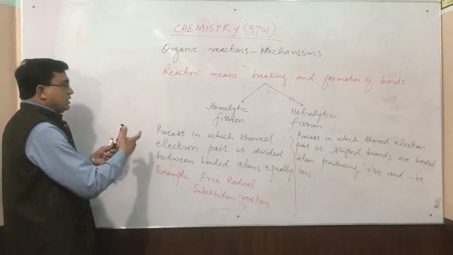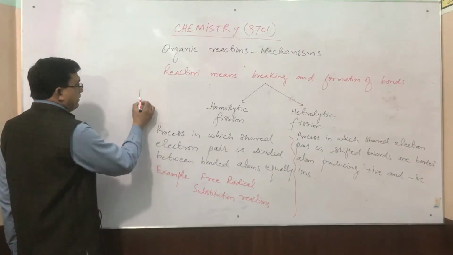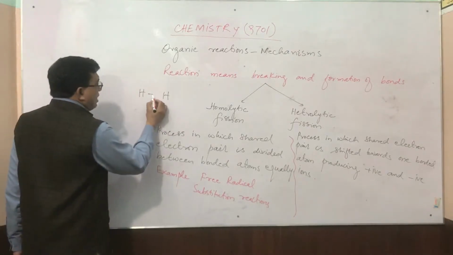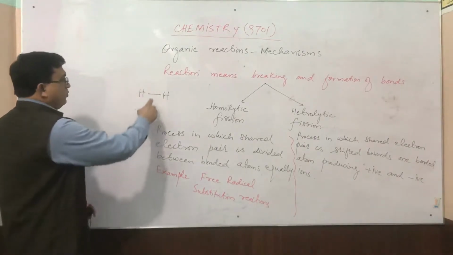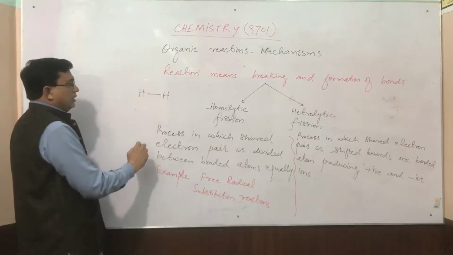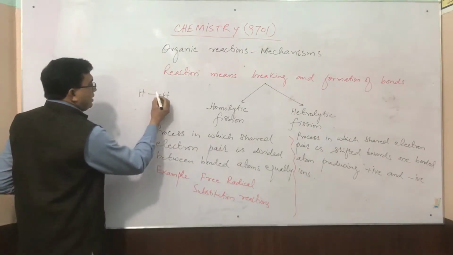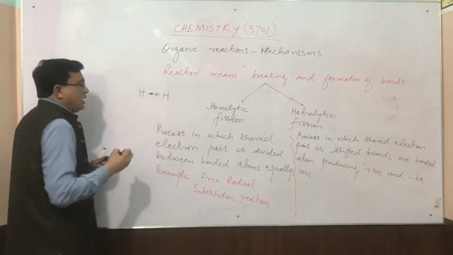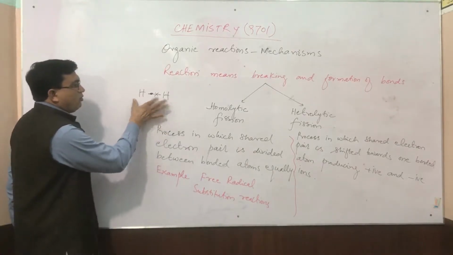For example, for a simple case, consider a hydrogen molecule. The two hydrogen atoms are bonded with one another and share two electrons between them, forming a covalent bond.